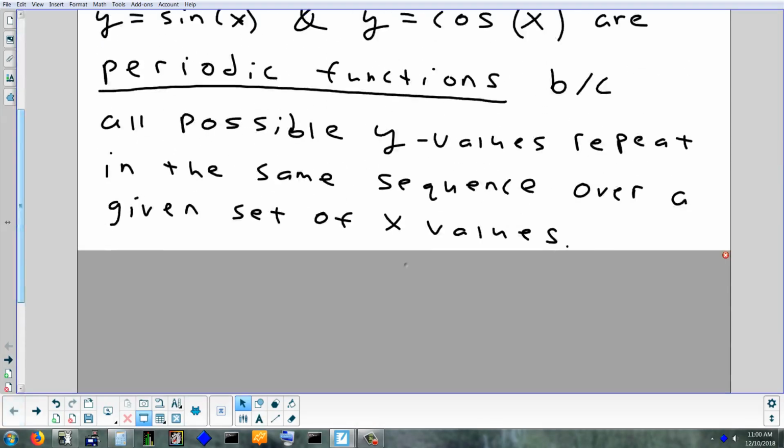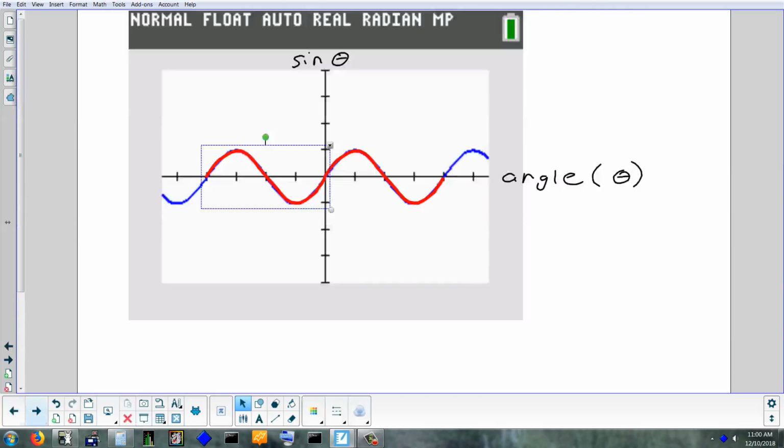So the y values repeat over a given set of x values from, let's do this in blue, from here to here, where I just put those 2 marks. That's the given set of x values. That's how far you have to go on the x-axis before you start seeing the graph repeat. And you could adjust that.